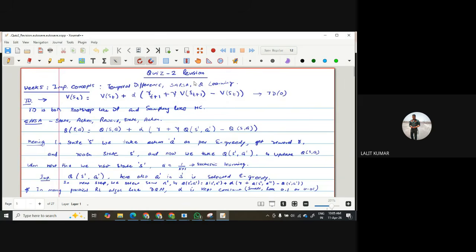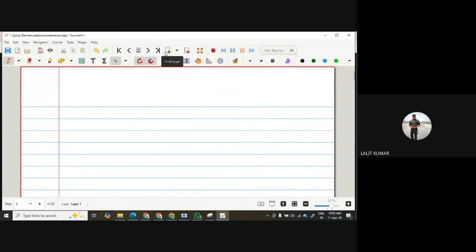Now I will cover some important things in this formula for basic understanding. V(S_t) = V(S_t) + alpha into [R_{t+1} + gamma V(S_{t+1}) - V(S_t)].